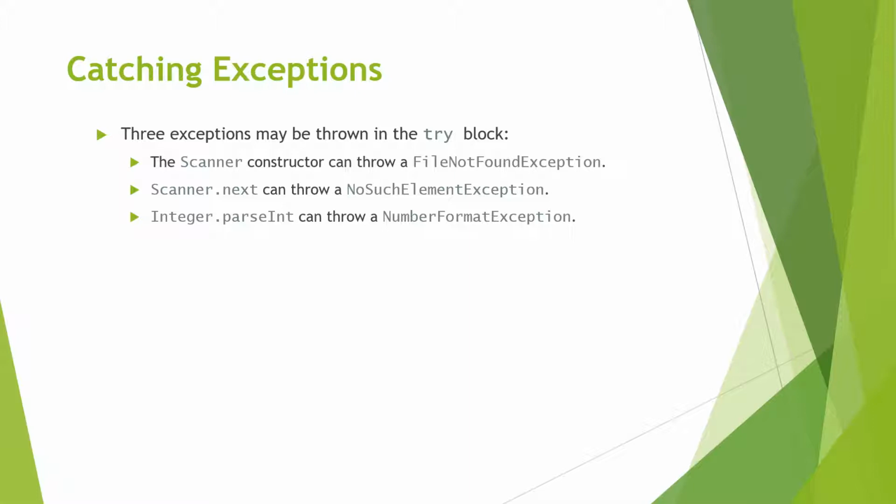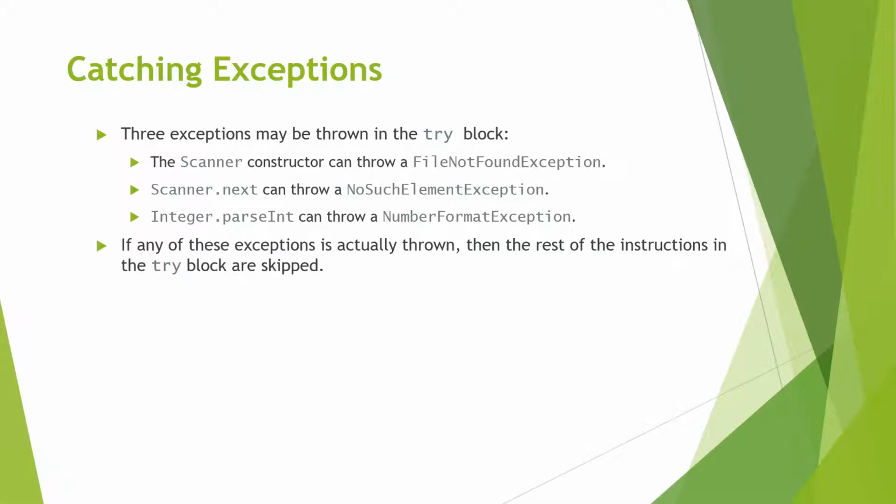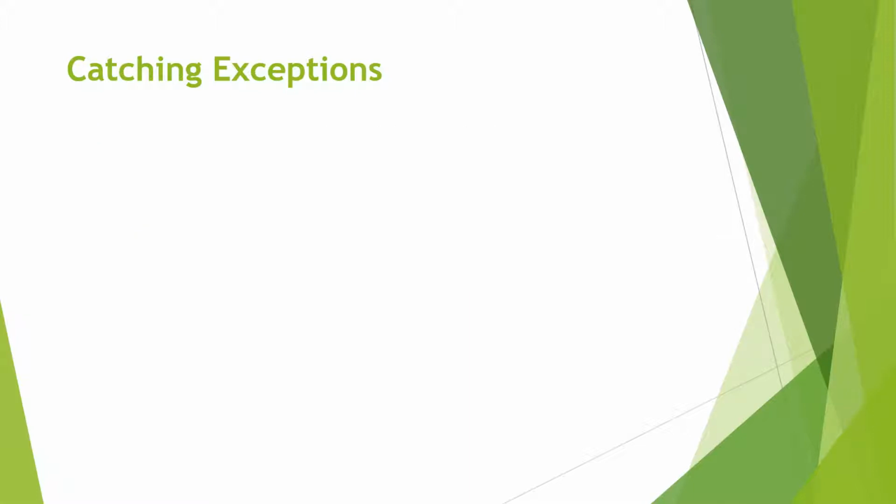Or we have another possibility for throwing an exception in that try block, which was the Integer.parseInt method that can throw a number format exception. So it's important to know that if any of these exceptions is actually thrown, then the rest of the instructions in the try block are skipped and will not be executed.